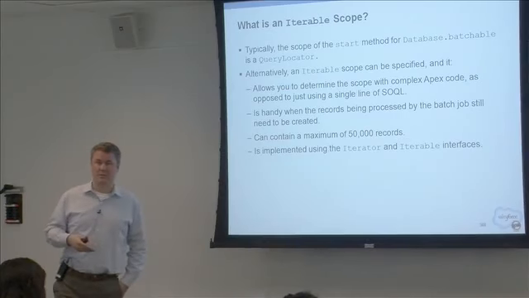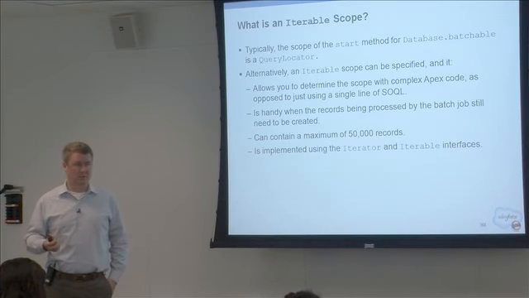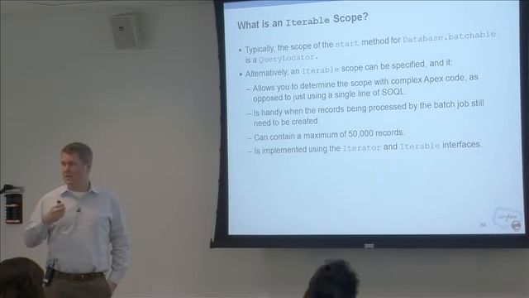So if you're going to generate, let's say I want to create 5,000 accounts in a batch job, I would implement these interfaces so that the system, in breaking up the execute calls, can utilize your implementation of hasNext to check to see are there more records to process, and then your implementation of next to fetch the next record.